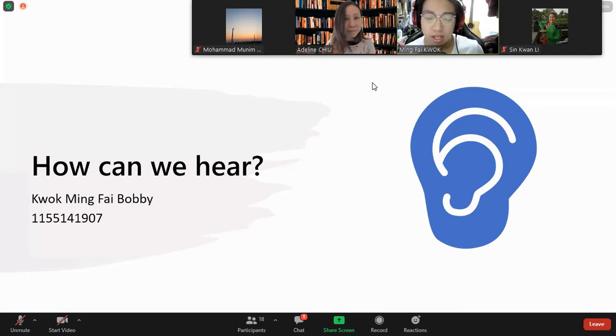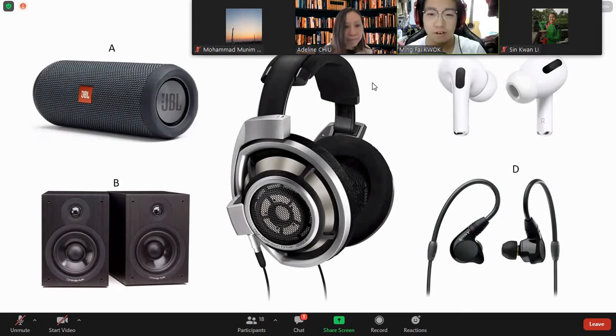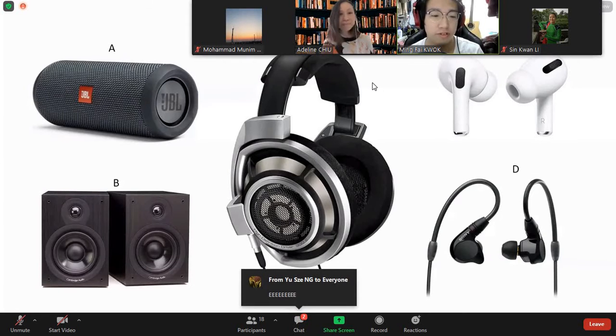So let's do a brief vote for the type of speaker you like. Is it A, a portable Bluetooth speaker, B, wired professional-grade studio speakers, C, wireless in-ear earphones, or D, expensive in-ear monitors?